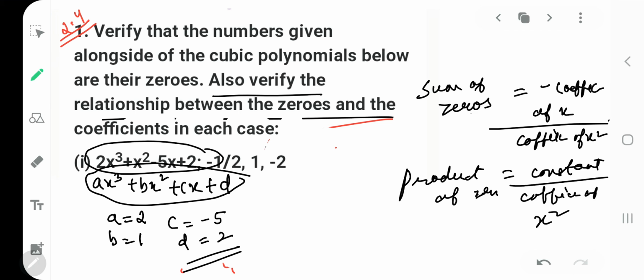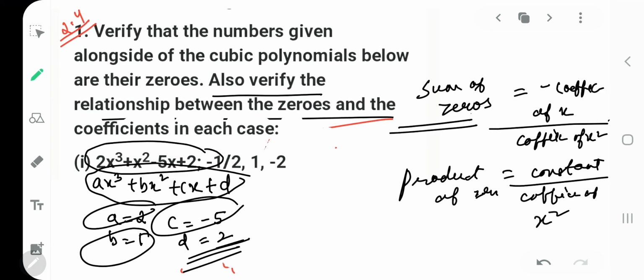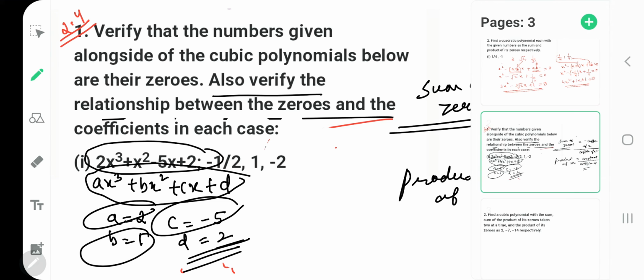Now the difference is that you have 3 zeros here. That means 3 values a, b, c, and this is your constant term. Getting my point clear? So here I'll give you one more thing. Let me explain on a fresh page.